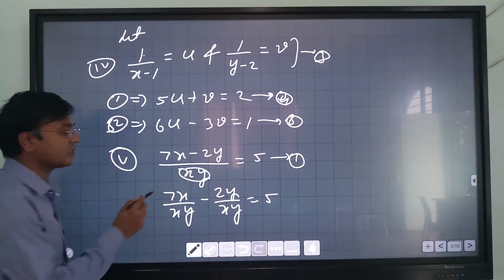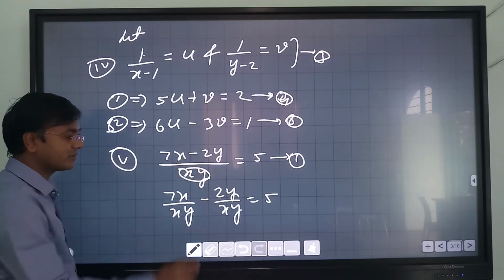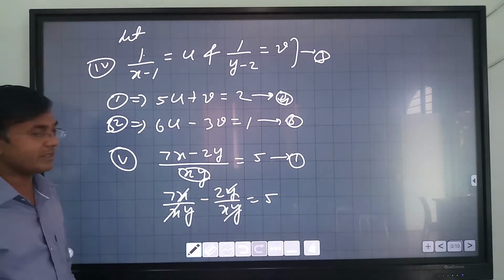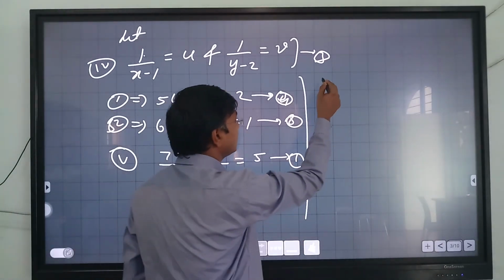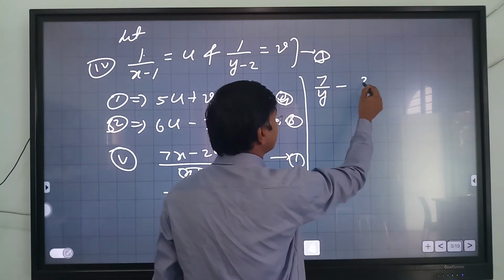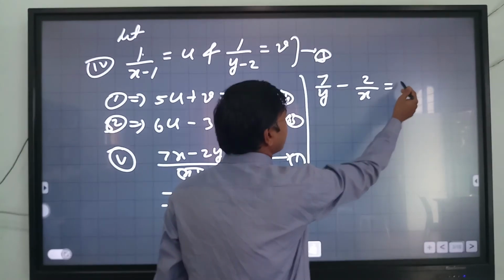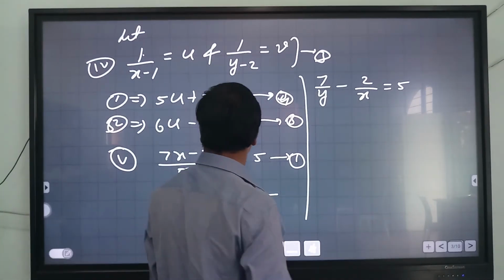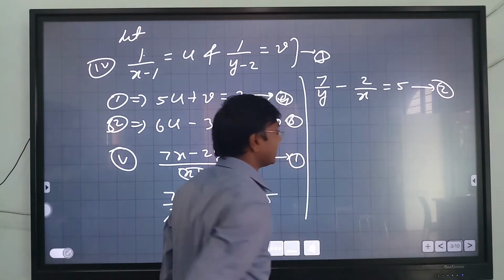And this xy is being separated for 7x as well as 2y like this. Okay. So now we see x or x cancel, y or y cancel. So we'll get 7 upon y minus 2 upon x equals to 5. Okay. So this is your equation second.